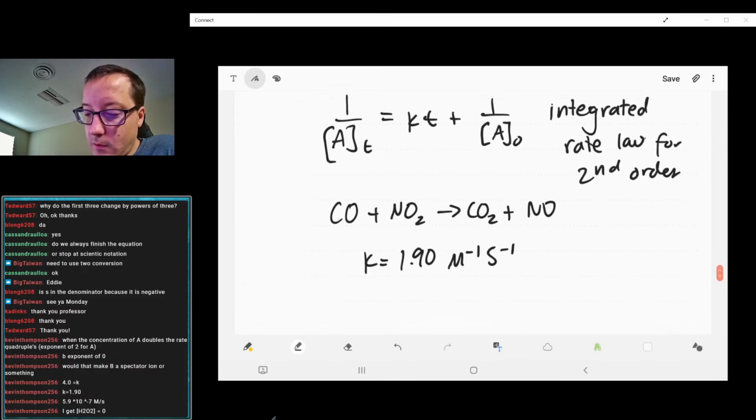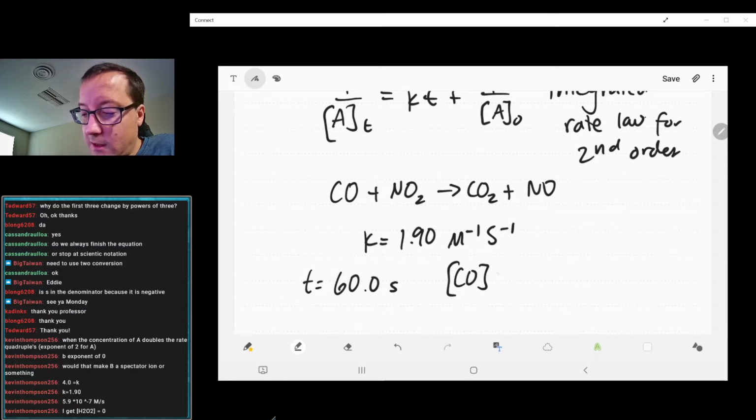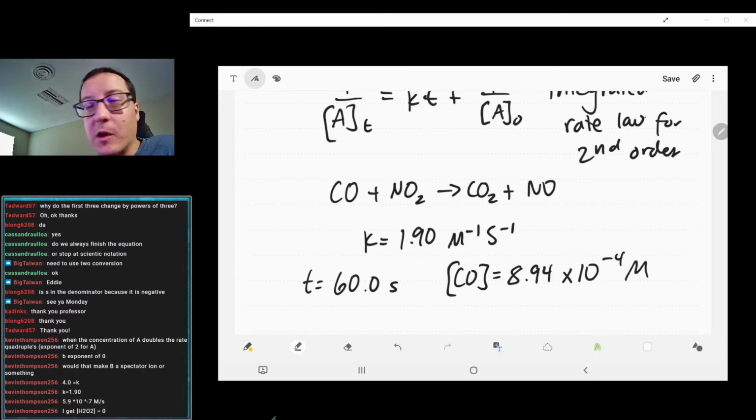Let's do time 60 seconds, so let's see what happens after 1 minute. If our initial concentration of carbon monoxide is about 8.94 times 10 to the negative 4 molar. Let's hope this works. I don't think we'll encounter the same problem because we're dealing with a reasonable rate law with a reasonable concentration and a reasonable time too. So let's see what happens here.